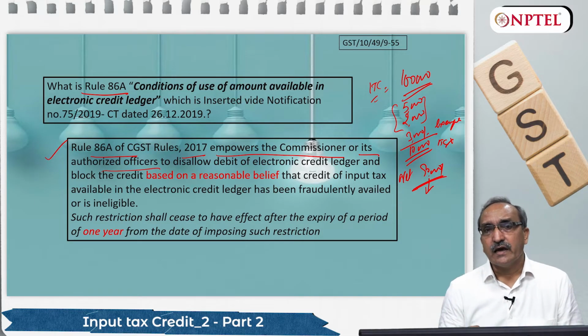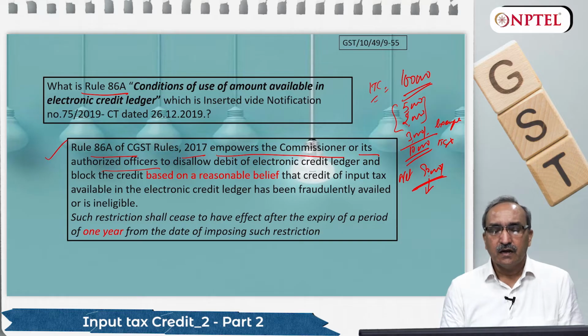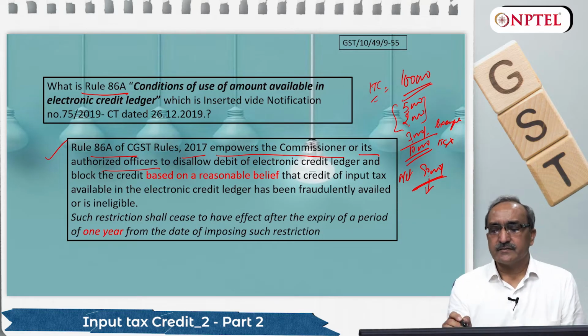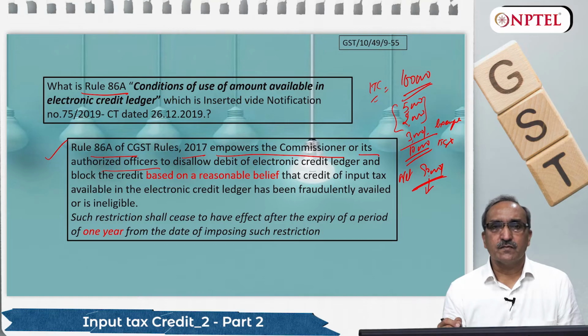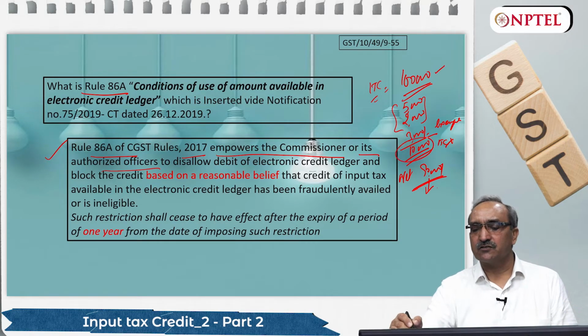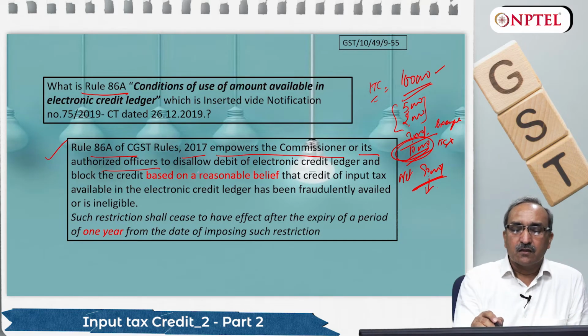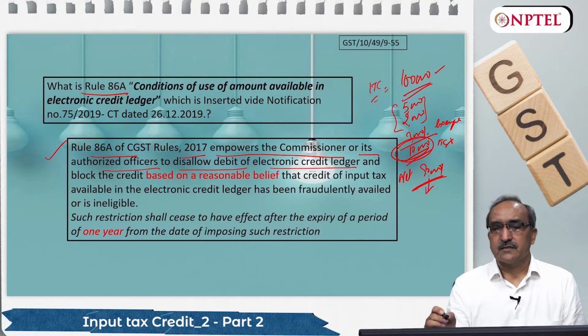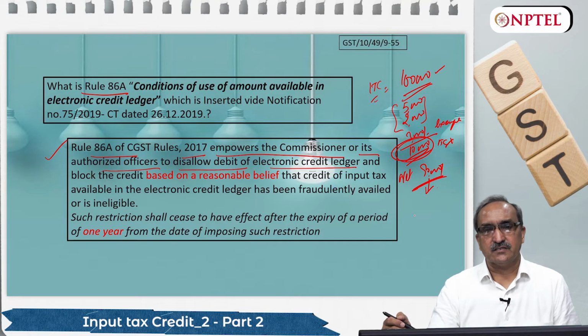If they have some information, some evidence at their end, and they believe that you are availing ITC without following proper rules, or there is some fraudulent activity going on through your business, or you are using a balance which is not permitted as per law, but you have used that balance, then the officer can disallow debit of the electronic ledger, which means they can stop you from debiting. Stopping you from debiting means stopping you from availing this benefit of ITC.